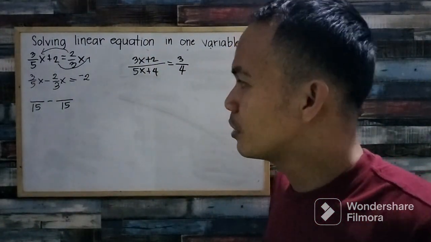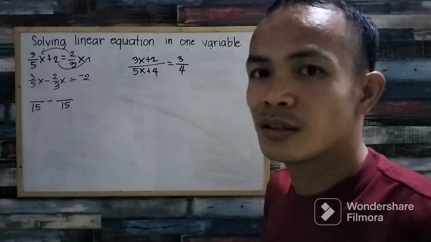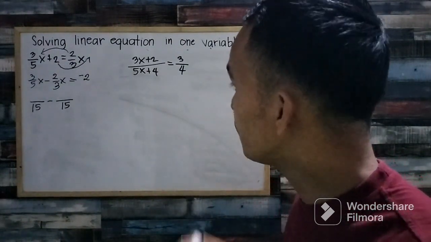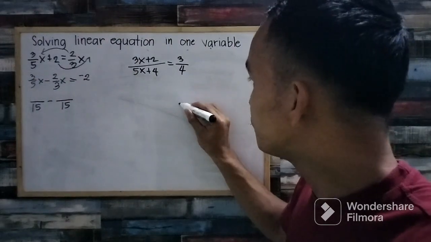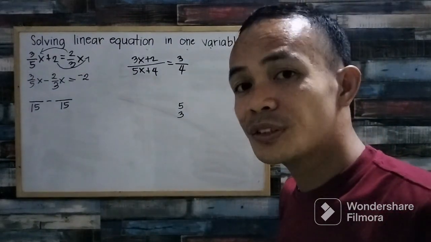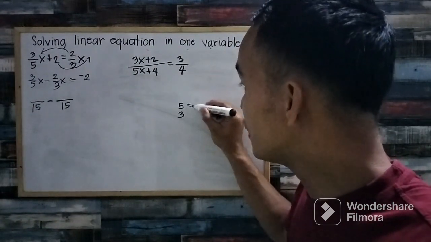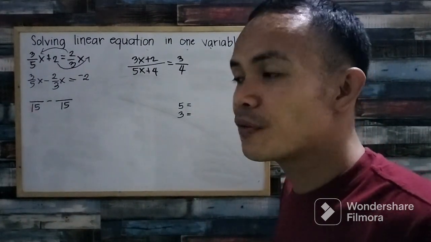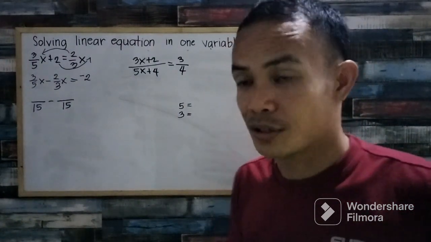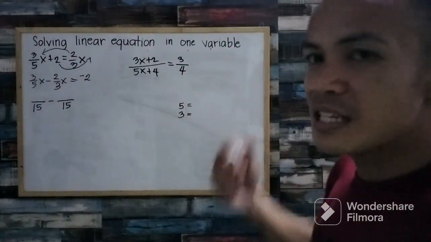Siguro meron kang tanong, paano ba yung kinukuha yung 15? Okay? If we recall our basic knowledge about the LCM, di ba? We have that 5. And we also have that 3 there. Right? So yung gagawin natin, we can do the listing method. Anyway, there are many ways to find the LCD or the LCM of the denominators. Okay? Una is the listing method.